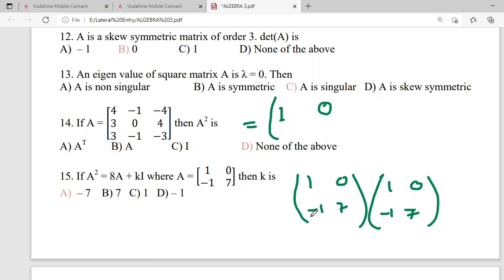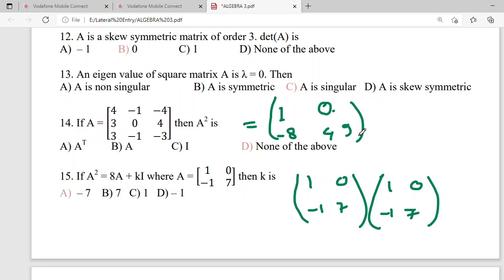Then the third element is second row, minus 1 into 1 plus 7 into minus 1, so it is minus 8, and minus 1 into 0 plus 7 into 7 is 49.